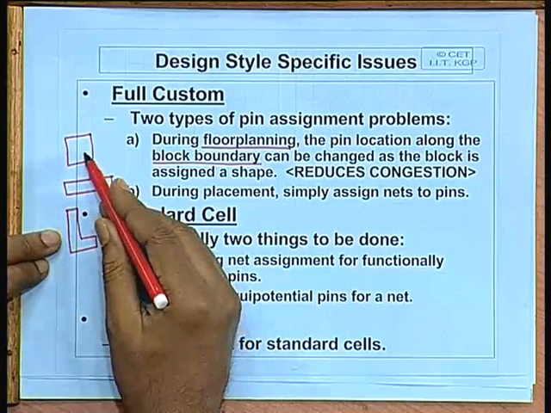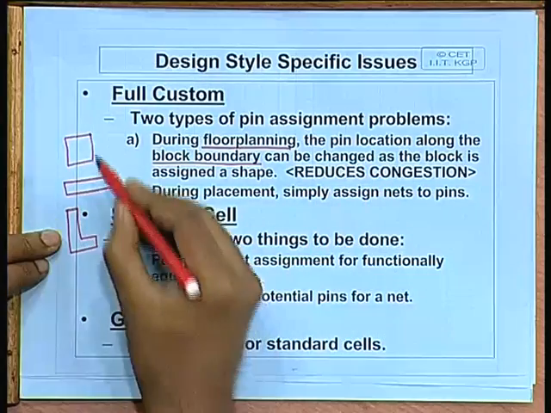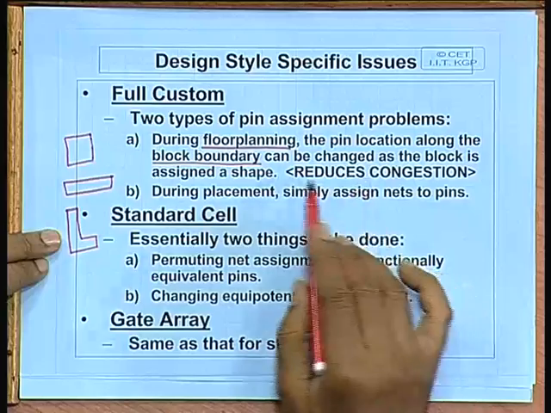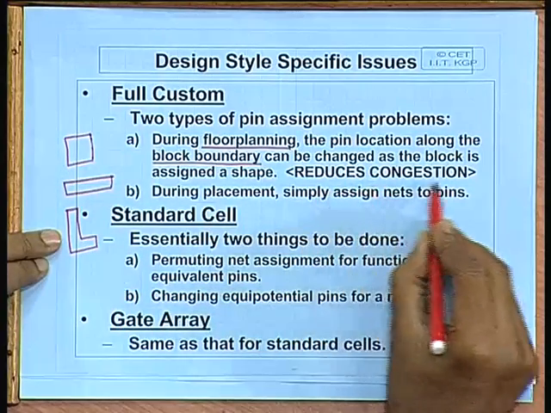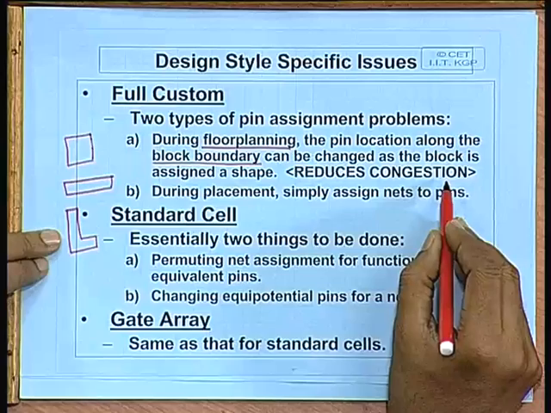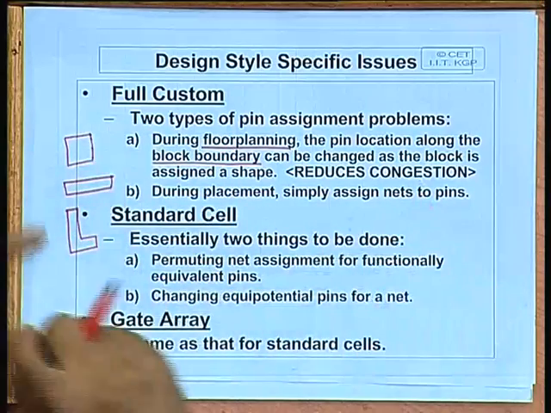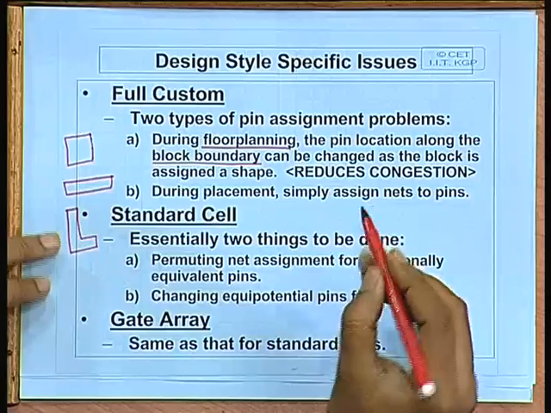So, once you finalize the shape of the block, the pin location along the boundary of the block will get defined. They can be changed during this step with an eye towards congestion control. Like the example I have cited, the interconnection with the other block should be easy, number of signal crossing should be minimized, something like that.